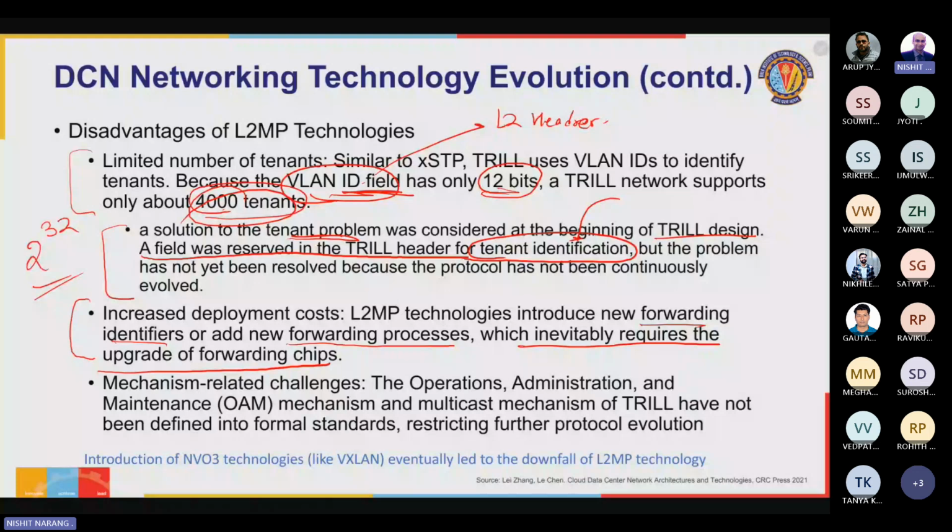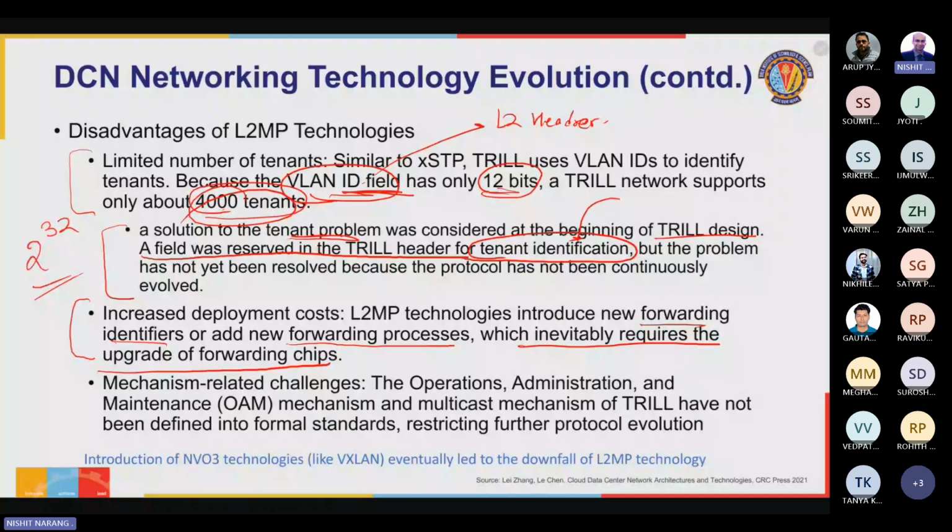IP has its own multicast protocol. IP has its own control plane routing protocols, OSPF, RIP, which are all IP-based protocols. So IP comes with its own family or suite of protocols for the control plane, management plane, broadcast, multicast, control and management, ICMP. It's an exhaustive set of protocols, where if you choose to build a network using layer 3 IP protocols, then you have everything available in these standards.